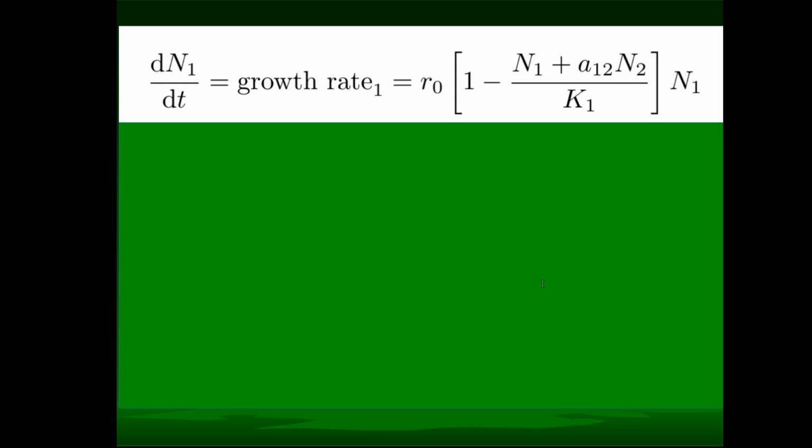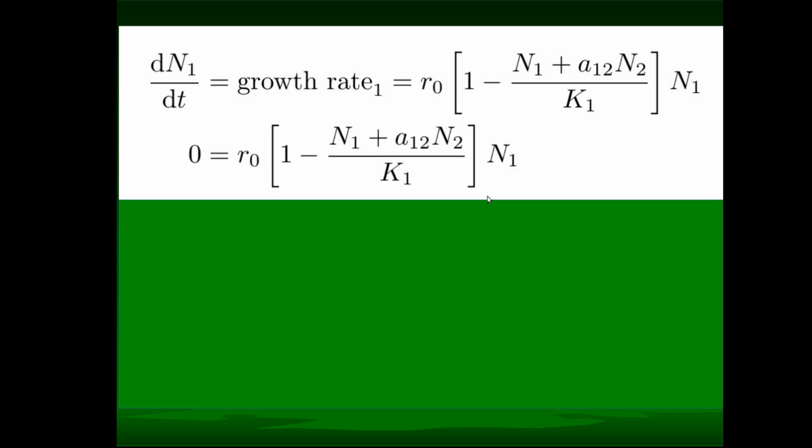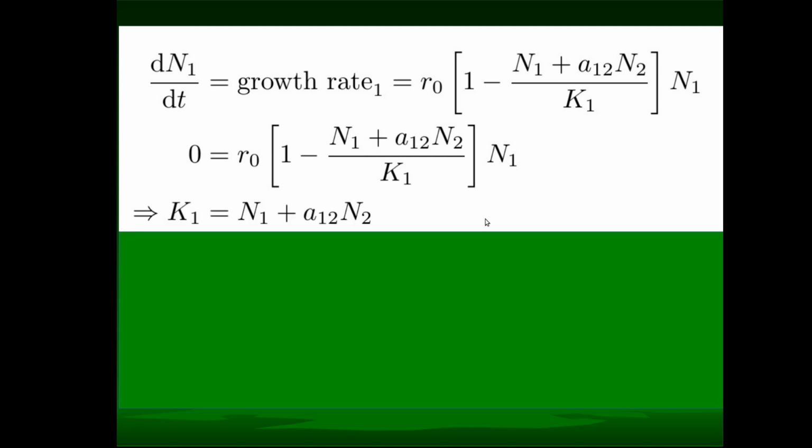Once we have these equations, we can set them equal to 0 and solve for n to get the zero growth isoclines. That's all we do. Set them to 0, that means zero growth, and then we get the equation for the line of zero growth. So you set this little r, or the growth rate, to 0, and we get this equation for the zero growth isocline.